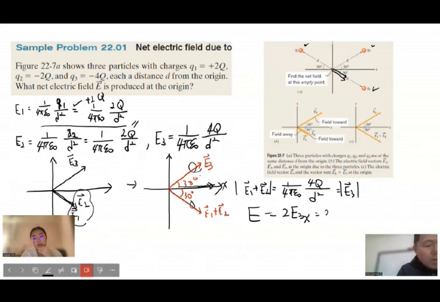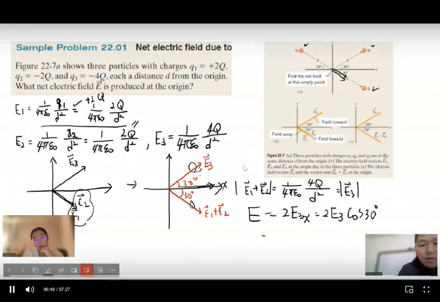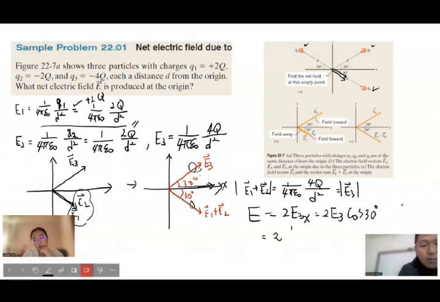So that should be twice the electric field of E3 times cosine 30 degrees. So that is twice 1 over 4 pi epsilon naught times 4Q over D squared, and then cosine 30 degrees.